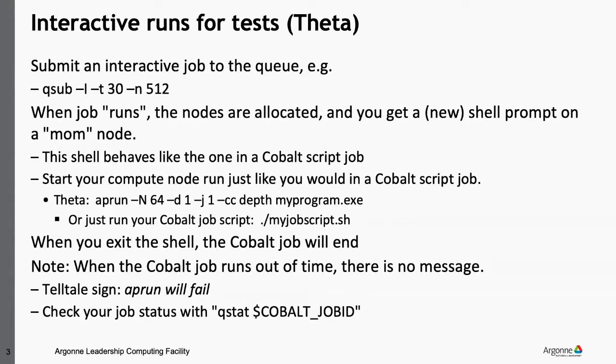But otherwise it's a normal shell prompt, and you could type things exactly the way they appear in your job script and run them interactively. So, for example, you could type app run on 64 nodes and all these other options and just run it.